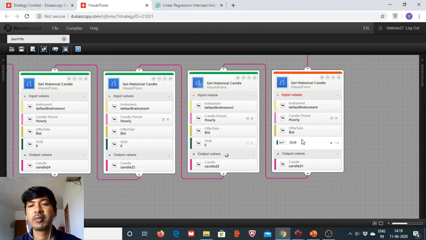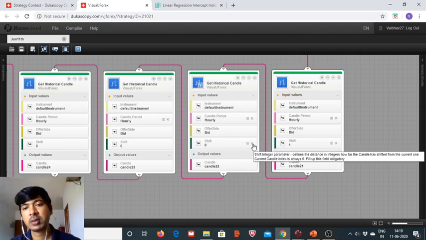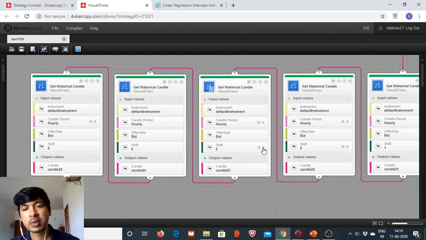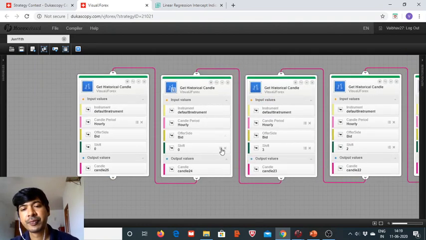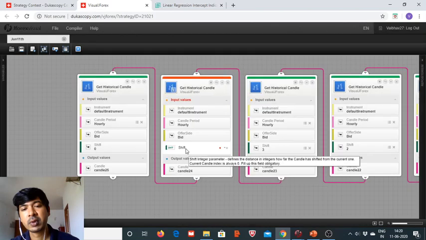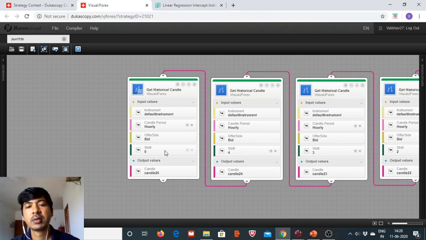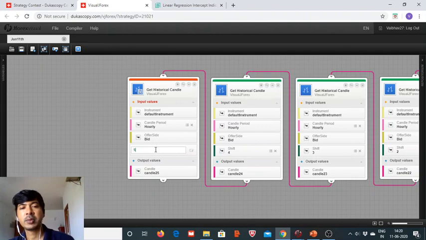Here also we need to define this shift 1, shift 2, shift 3, shift 4, and shift 5.